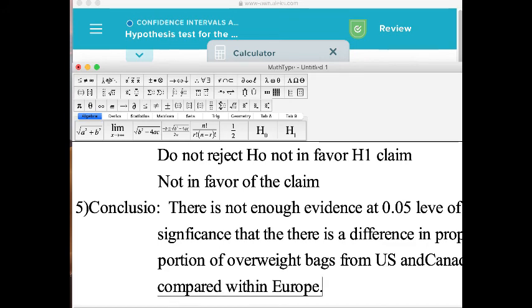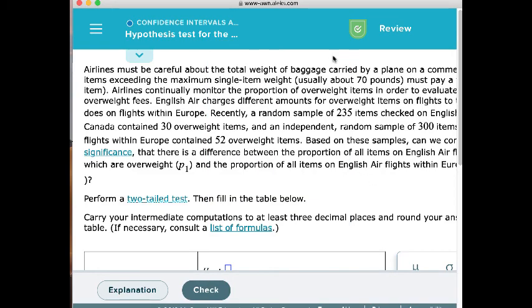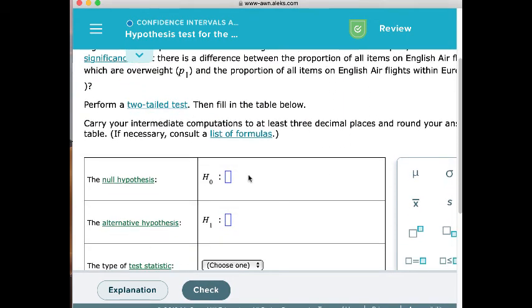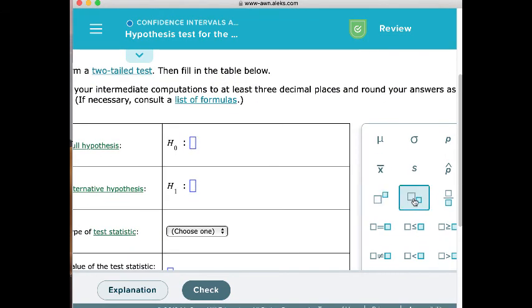So let's go ahead and fill in our answers on Aleks. So we had the null hypothesis is that the proportions were equal. So P1 equal to P2.